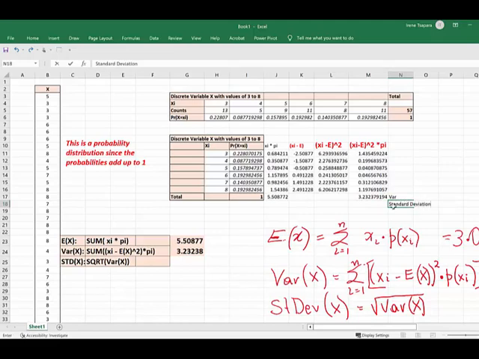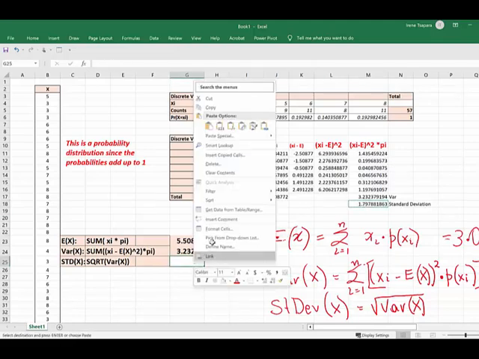That is nothing else than the square root of the variance. So I write equal SQRT. This is the built-in formula for Excel that calculates the square root of the previous cell, that is this one. So my standard deviation is this. Sorry, I copy that and I paste it with values.